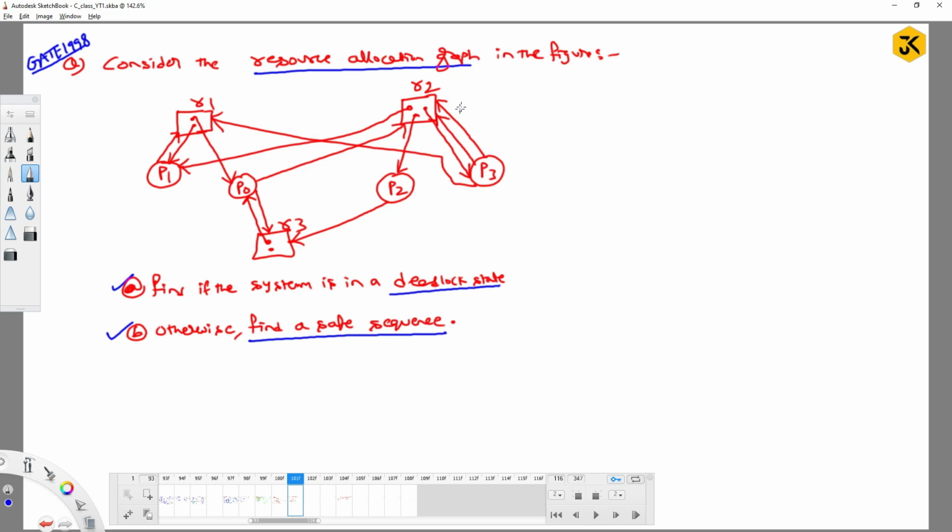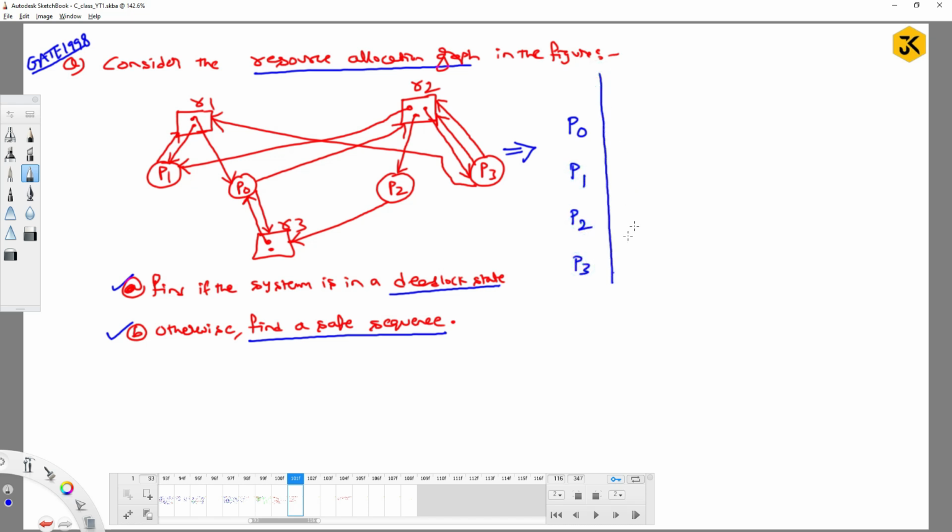So this question you can simply solve by looking into the graph, or we can go with some kind of tabular representation where it will be easy for you to solve this one, right? So what are the processes available for us? Processes are P0, P1, P2 and P3.